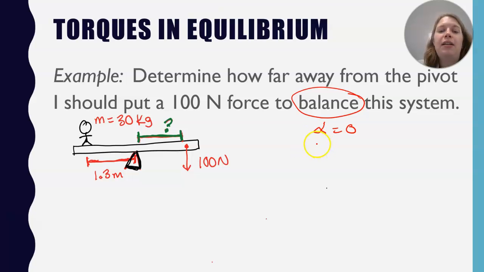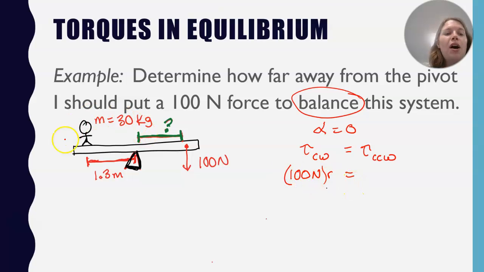So we have a case where the torque that would twist the system clockwise equals the torque that would twist the system counterclockwise. So the torque that would twist the system clockwise would be the torque caused by this 100 Newton force. And we want to figure out what is the R that we should have it act at.